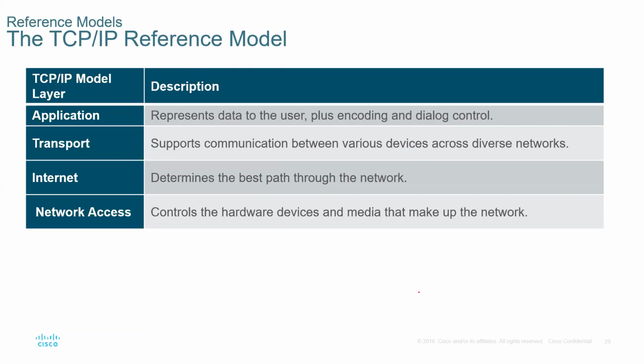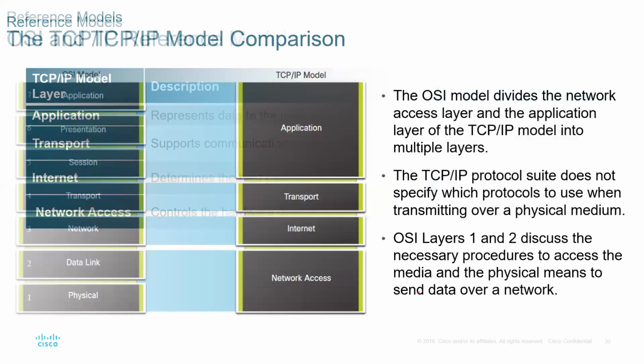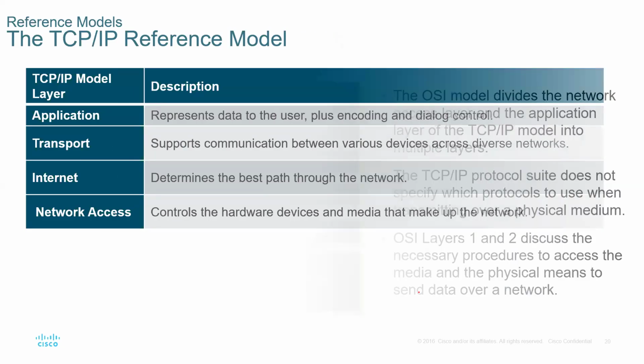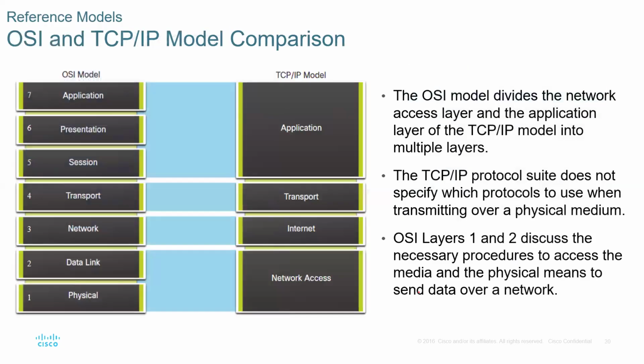Going to the TCP/IP reference model, it's almost the same. The TCP/IP model and OSI are quite similar, in the sense that, let me explain it starting from here, these three OSI layers form the application layer of the TCP/IP model.